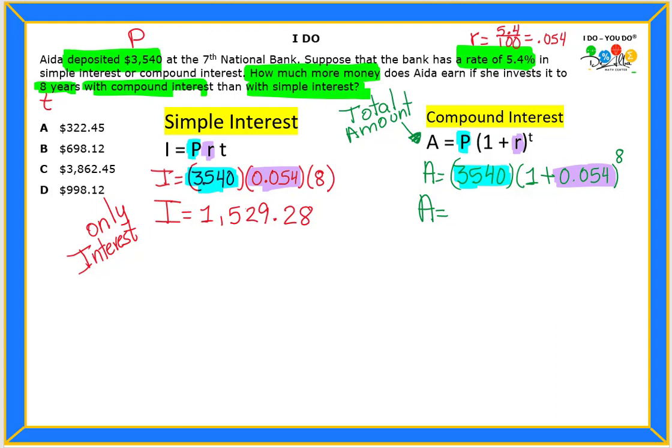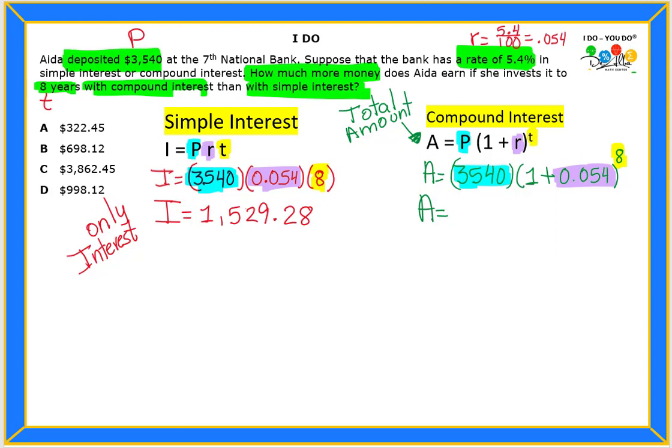So that makes a big difference. Anytime that you raise something to a power, it should make a big difference, okay? And the last one here, it's actually the time, which is 8 years. Notice how my time on the compound, it's the exponent, right? So that's the reason why we see a difference in there, okay?